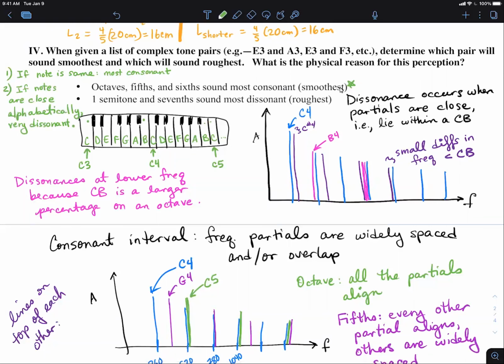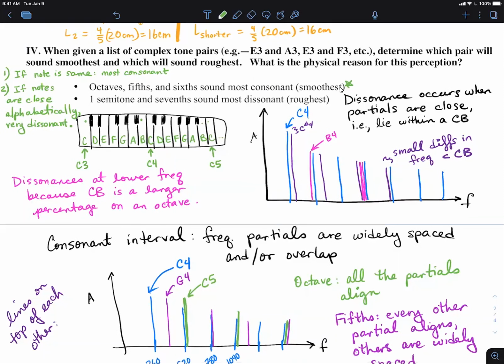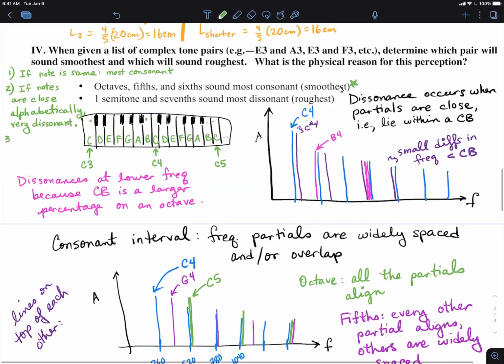And then number three, beyond that, if those two rules of thumb don't give you the answer, then you can check the interval by counting semitones.